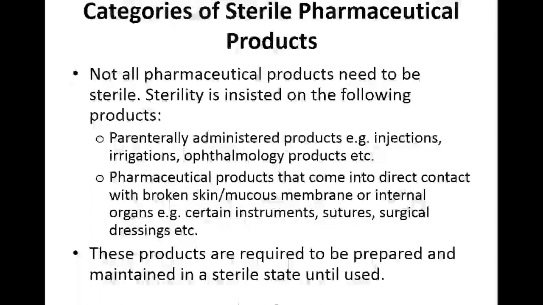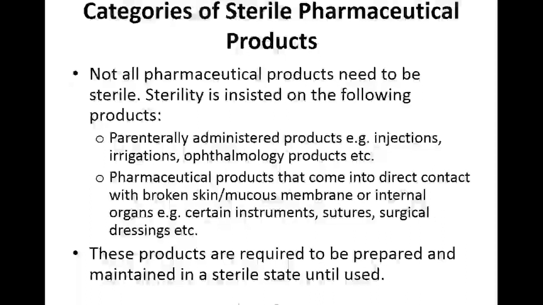Kwa parenteral administered products like injections, irrigations, ophthalmology products must be sterile. And also pharmaceutical products that come into direct contact with the broken skin or mucosal membranes or internal organs, for example certain instruments such as surgical dressing and whatever, must be sterile. If not sterilized, it can lead to complications. It can increase the problem to that client or patients.